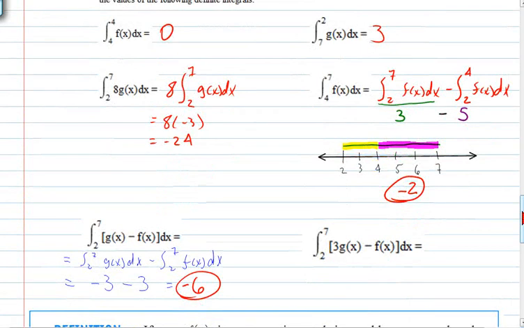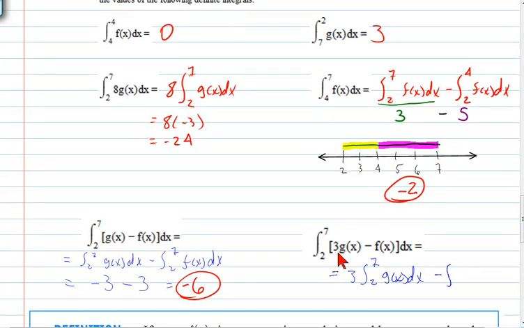All right, what are we going to do here? This is equal to what? 3 times the integral of g of x dx. Only the g is being multiplied by the 3.